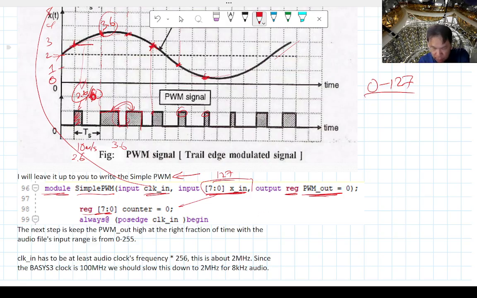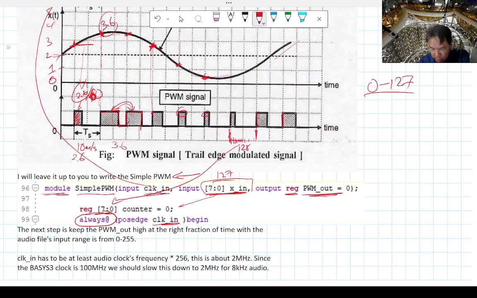So let me do a version of this here. Subdivide this period into 128. That's the 128 division that you're doing on your pulse width modulation. And you're always working at the positive edge of whatever that clock is.